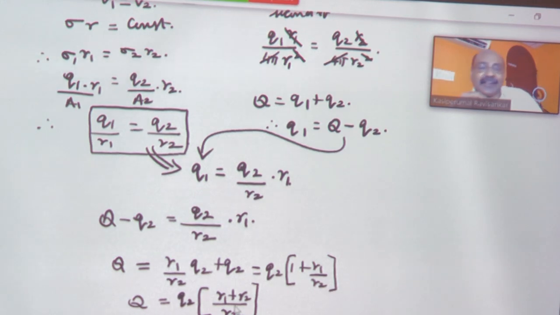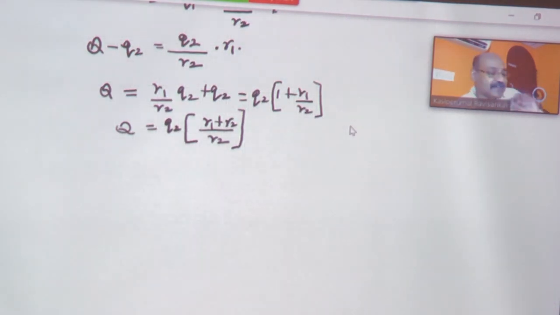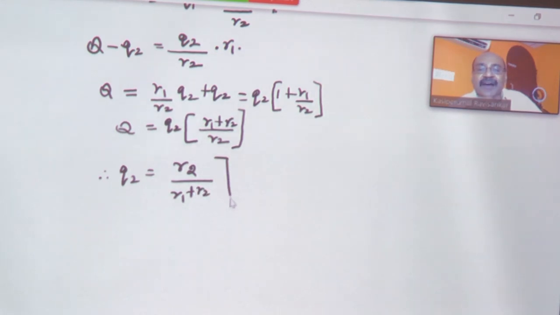This is the capital Q. From this you calculate the value of Q2. What is the value of Q2? Simplify. Therefore, Q2 is equal to, making cross multiplication, R2 divided by R1 plus R2, multiplied with what? Multiplied with the charge Q.